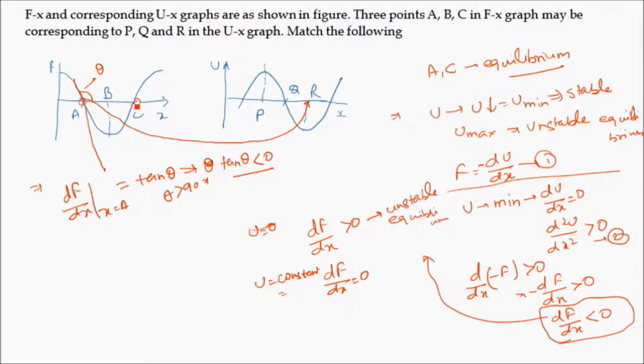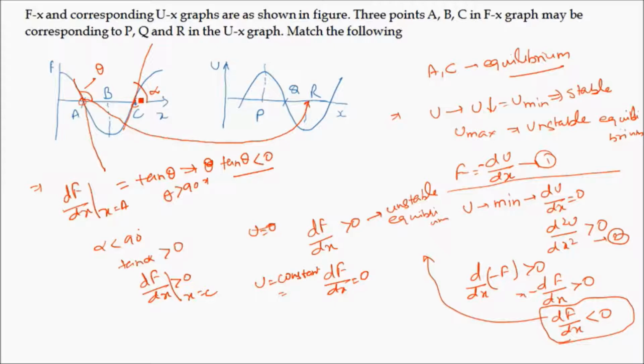Similarly, if we consider the point C and draw the line, then point C is making an angle alpha, where alpha is less than 90 degrees. So tan alpha will be greater than 0, and df by dx will be greater than 0 for x equal to C. So clearly in this case, as df by dx is greater than 0, it represents the unstable equilibrium.